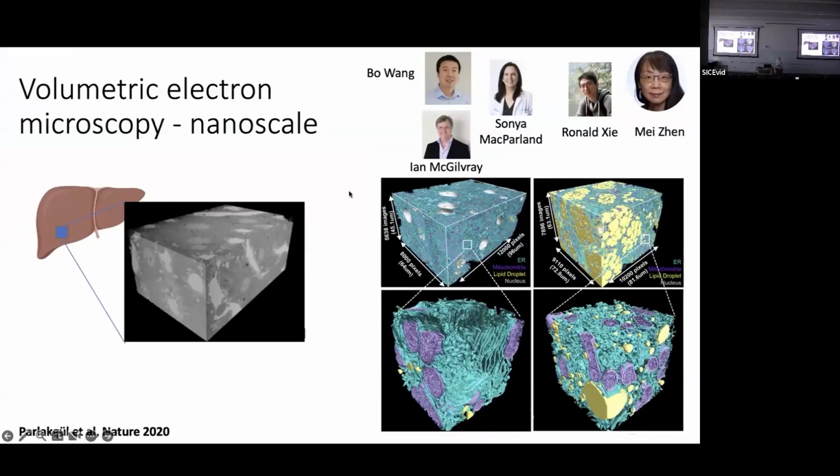And this is a project with Ian McGilvery, who's a liver transplant surgeon, Sonia McParland, who's a liver genomics and immunologist. Bo is a machine learning expert. May is a neurodevelopmental biologist, but she happens to be an expert in this volumetric electron microscopy imaging technique. And Ronald is a student in my lab, a PhD student who did this work.